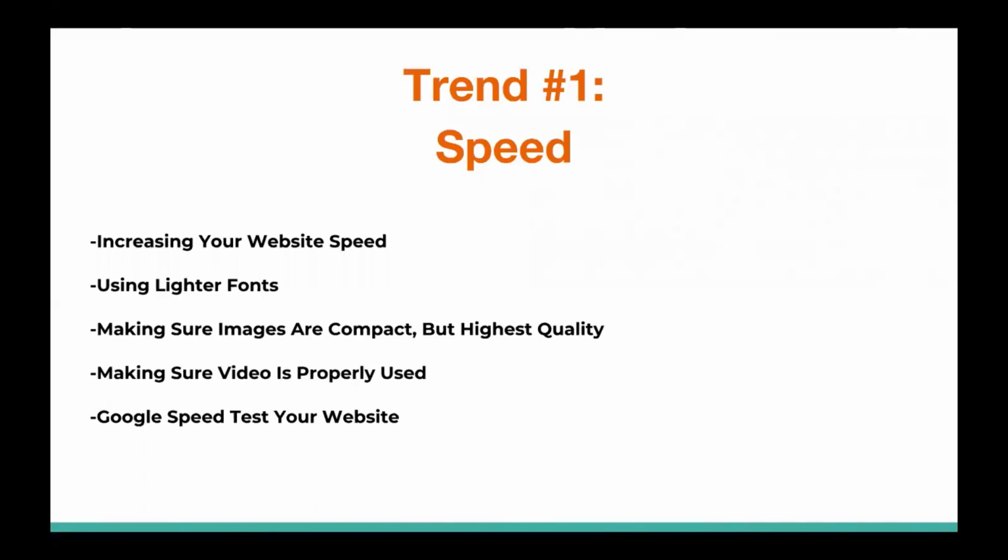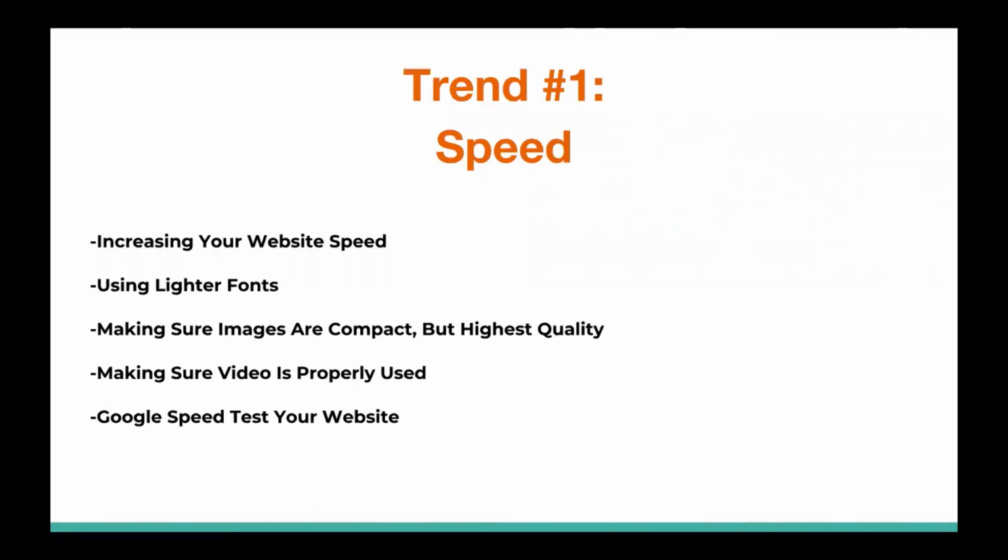So what I mean by making sure video is properly used is to make sure, once again, that you have file types that are highest quality video, yet compressed. Another method could be using your YouTube videos and linking them straight into your website. It could be uploading natively, directly to your website, using MP4s or movie files, anything like that.